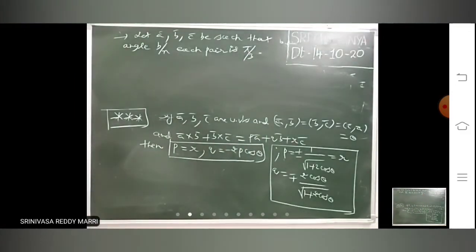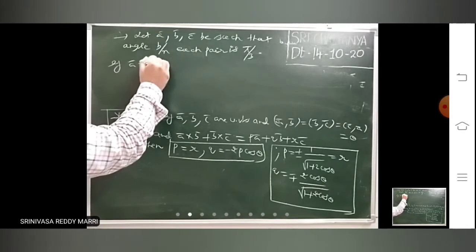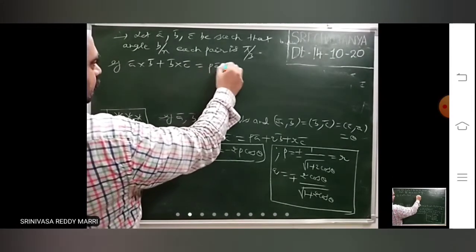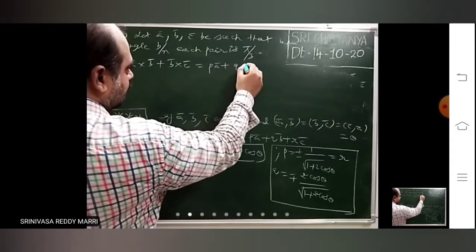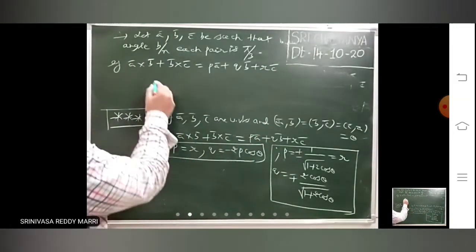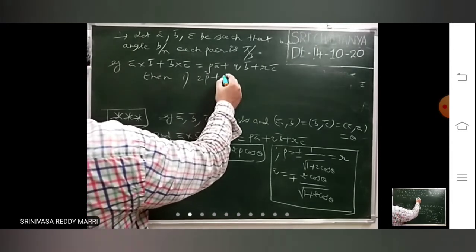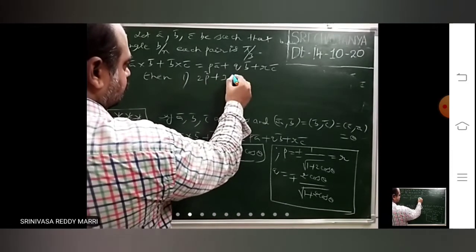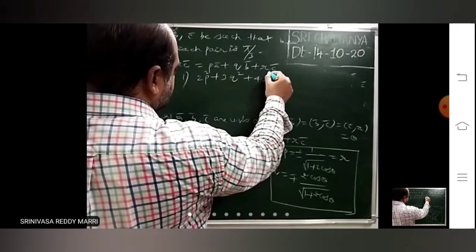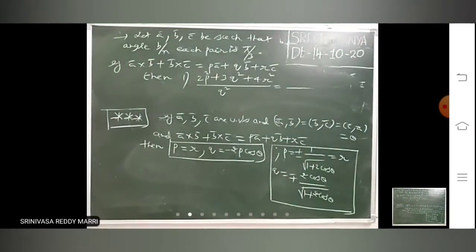Angle between each pair is pi by 3. A bar cross B bar, then he is asking the value of this.